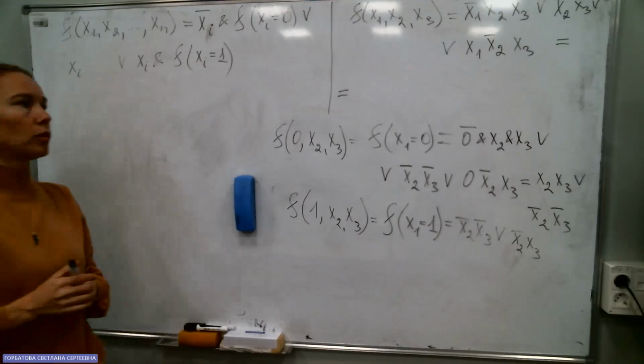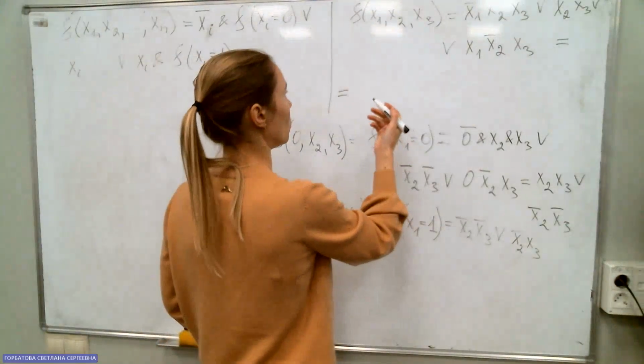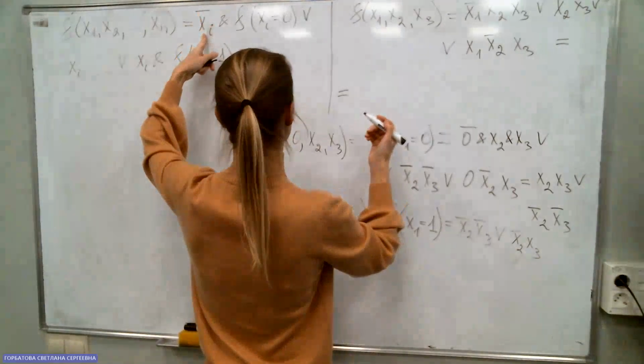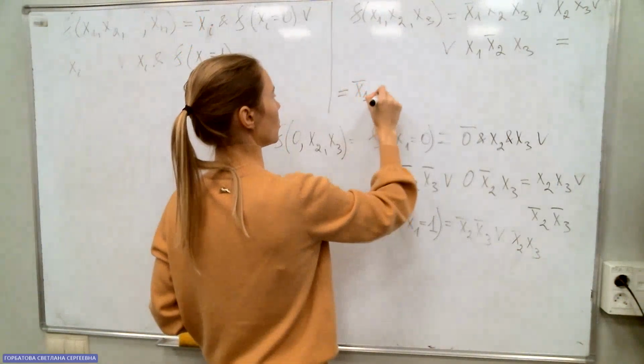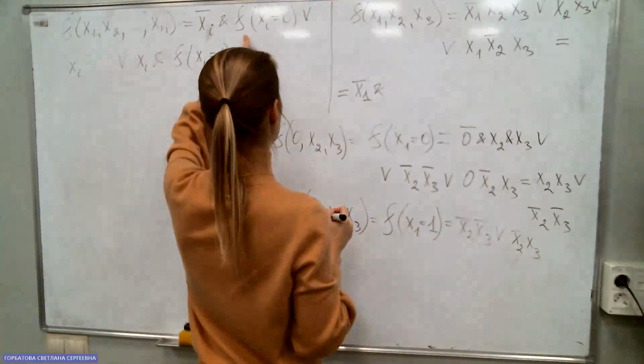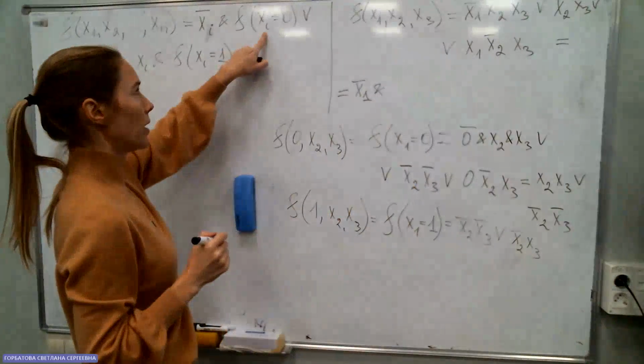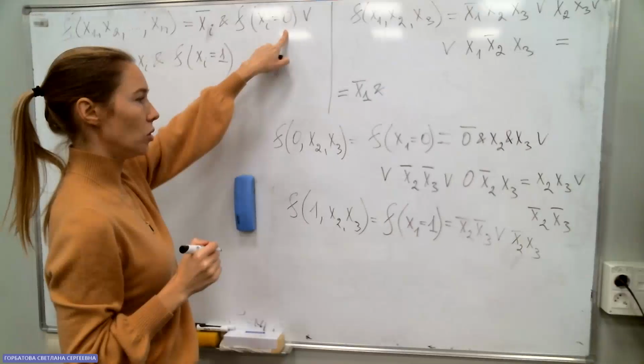They are the same. So not x1, conjunction f where x1 equals to 0.